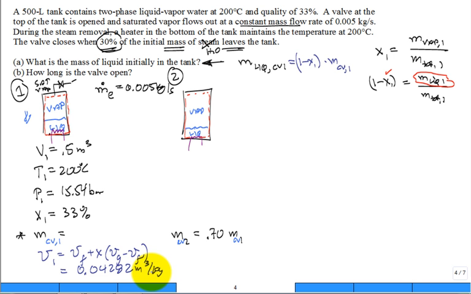Then I multiply by 1 minus x times that value. And so in the interest of space, the mass of the liquid initially in the control volume, or inside my tank, comes in at 7.824 kilograms. Oh, I forgot. I needed to give you the mass that's in the control volume.